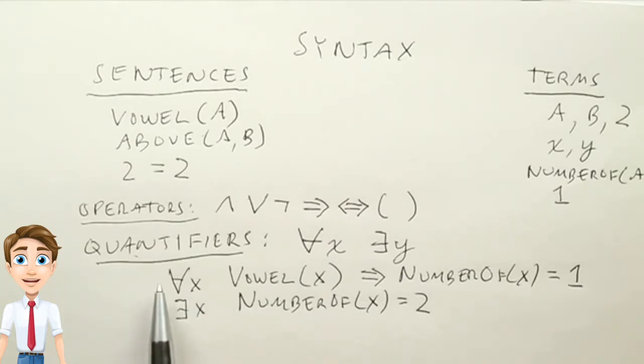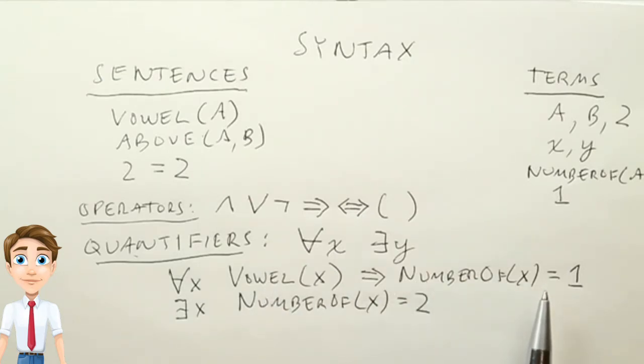And I should say that these forms of sentences are typical, and you'll see them over and over again. Typically, whenever we have a for all quantifier introduced, it tends to go with a conditional, like for all x, vowel of x implies number of x equals 1.